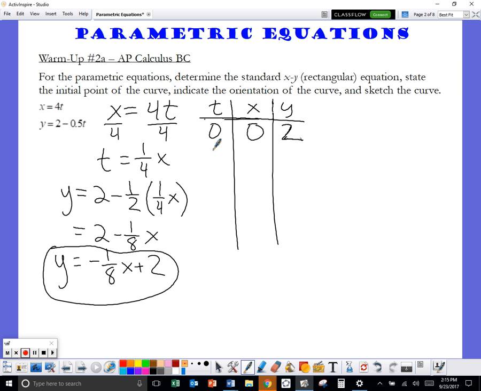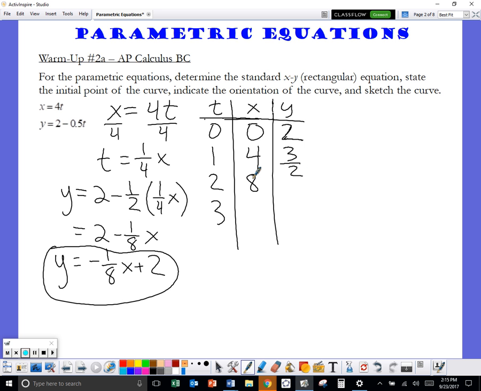Okay, choosing 1, 2, and 3, we are now going to plug 1 in. Our x value is 4. Plugging 1 into the other equation, it's 2 minus 0.5, or 1.5. I'm going to write it as a fraction, which is 3/2. Plugging in 2, x is now equal to 8.